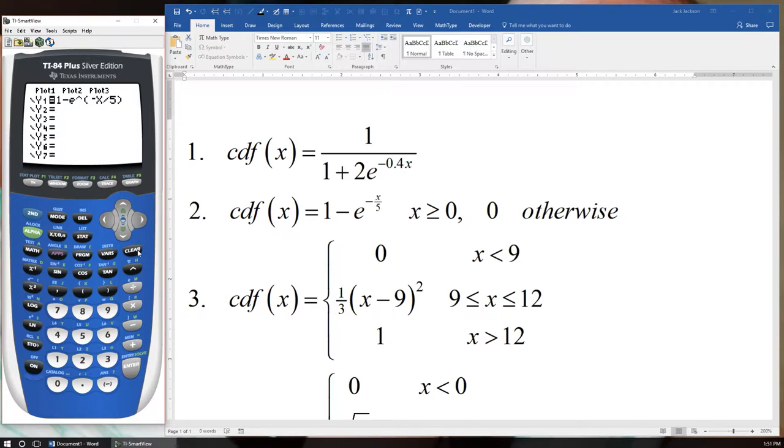The caret just means e to that power, which you get by second ln, and that is subtraction in the middle. Okay. The next one, I put in the formula. I'm going to put the 1/3 in parentheses. Open another parentheses. By the way, to get x, the easiest button to hit is right here next to the alpha key. It says X,T,theta,n. When you're in regular graphing mode, that's just the x.